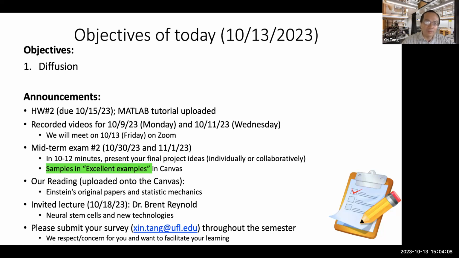So in the midterm exam, you will only need to present 10 to 12 minutes for your project, give the background information about your project and your current ideas, current goals. And then in the final project, that will be December, you will present the enhanced version, as well as submit a final report.